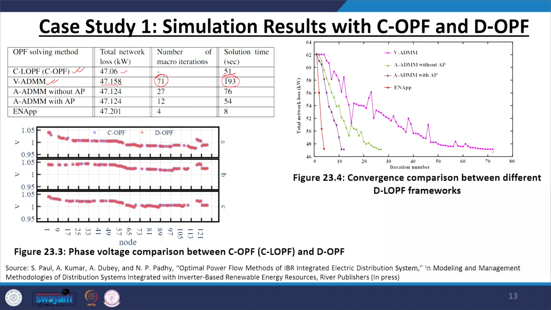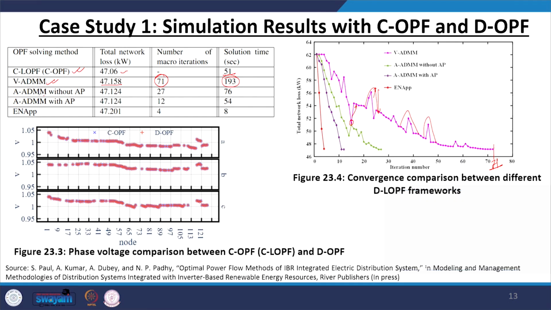And you have to complete almost 71 iterations to get the solution, and you can see more fluctuations when it is converging. That means it was not a smooth convergence. Sometimes it converges to here and then again jumps to another, bad solution, then again jumps to another solution, then again comes back. So, more fluctuations we can see if we use the vanilla ADMM.